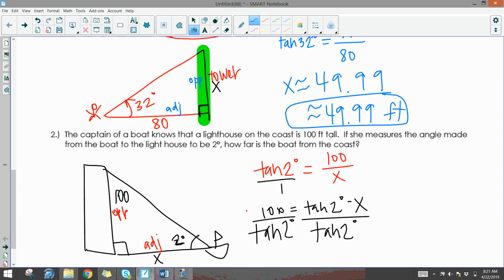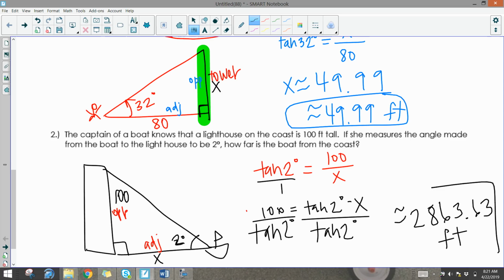Okay, so in your calculator you do 100 divided by tangent of 2, and you should get it to be approximately 2,863.63, and this is feet. That's how far she is from the coast.